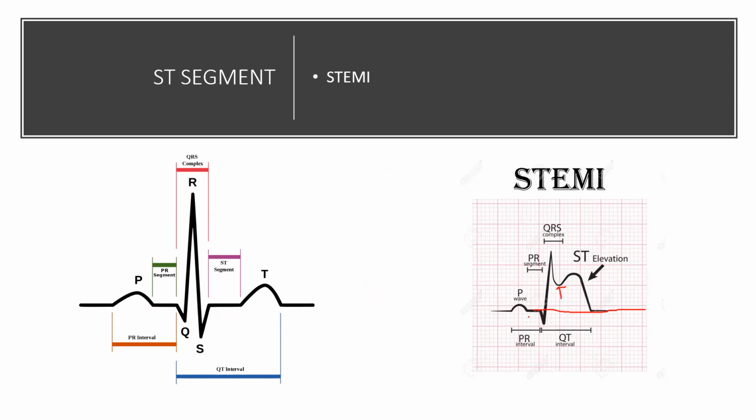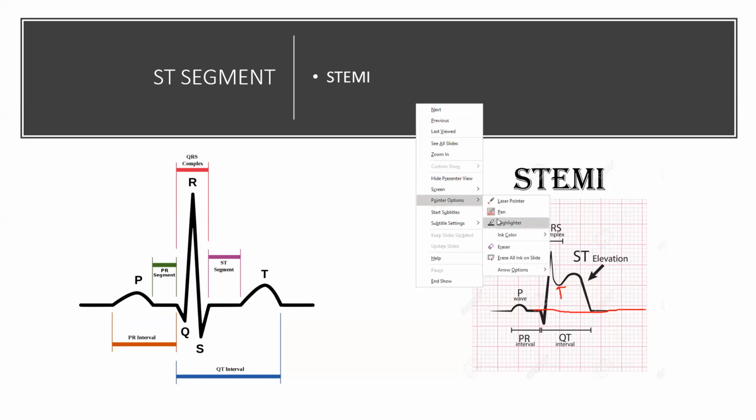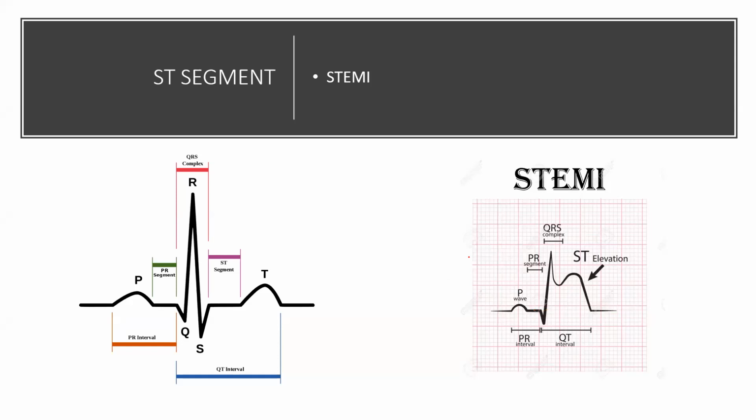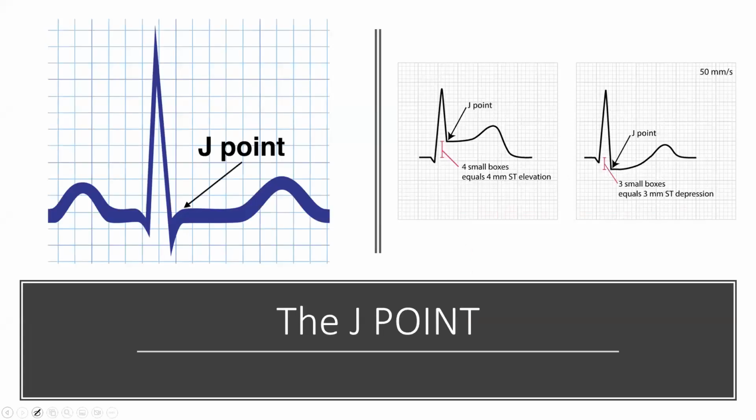This is what is known as the ST elevation. Now, another point that is going to be very important is this, that the beginning of the ST segment right over here is what is known as the J point. And that is exactly what we're going to examine next.